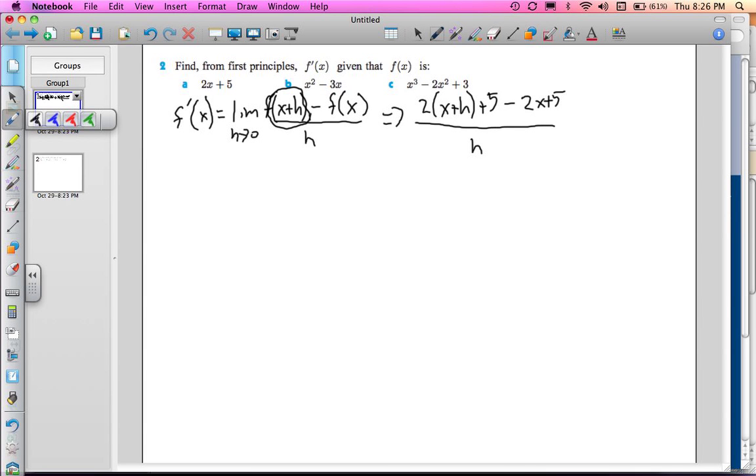What we're trying to do, as h goes to 0, is get this h to cancel out from the denominator, because then we could just plug in 0 for h. So we distribute and combine like terms. Distribute the 2 and you get 2x plus 2h plus 5.